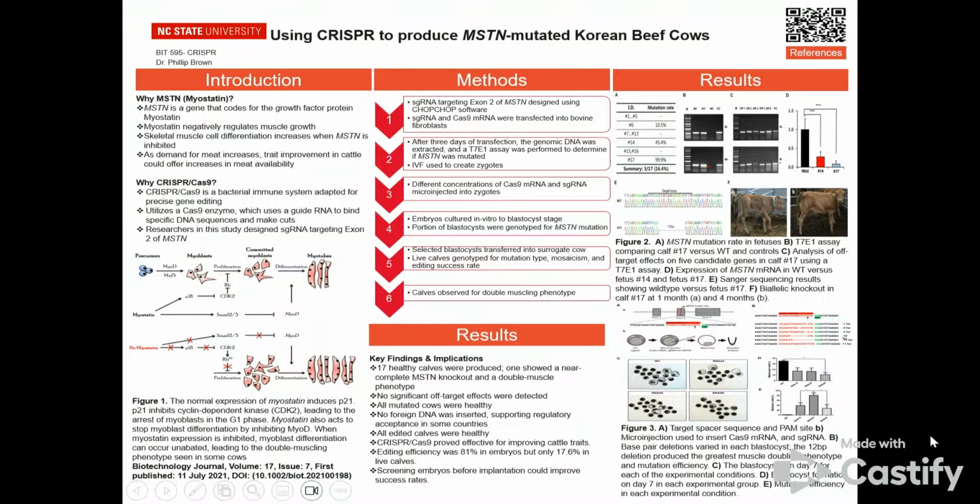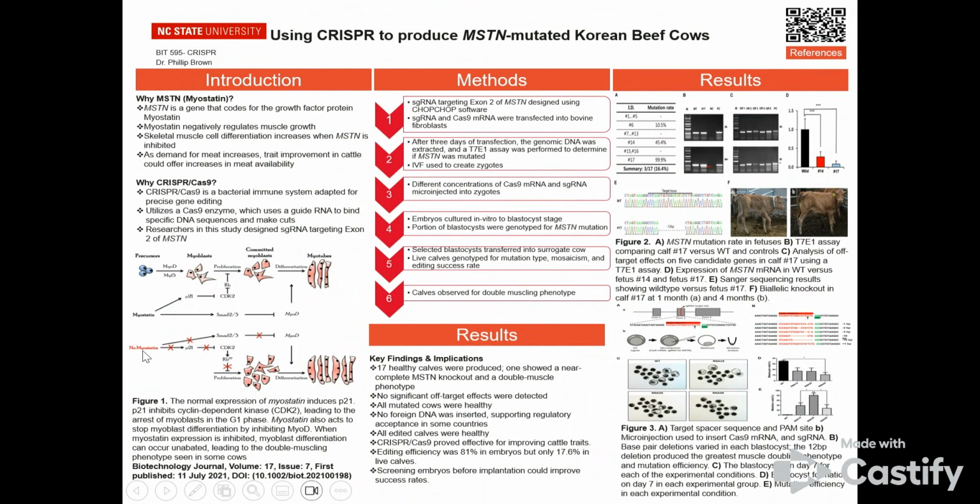As you can see in Figure 1, you can see just how myostatin works. Myostatin, wild type, is active. It leads to the production of this protein P21, which is an inhibitor of cyclin-dependent kinase 2, which inhibits the proliferation of the myoblasts, leading to minimal skeletal muscle differentiation.